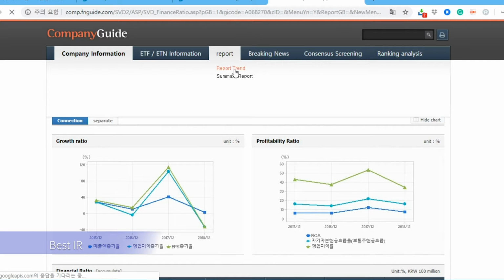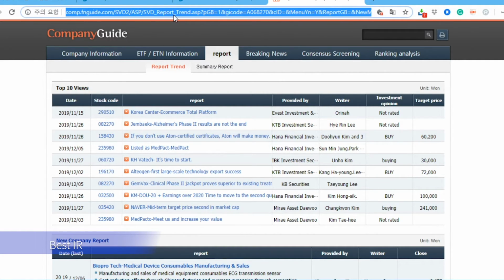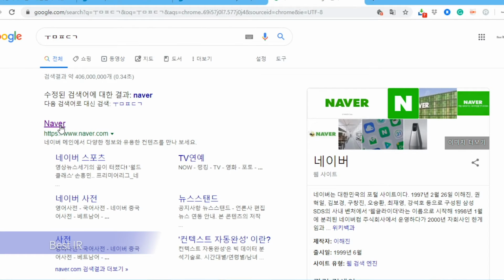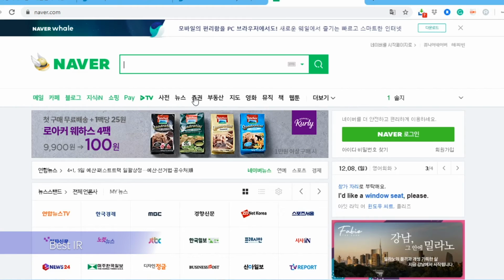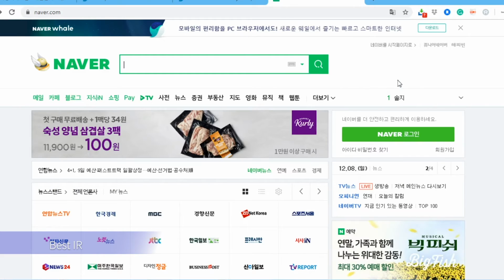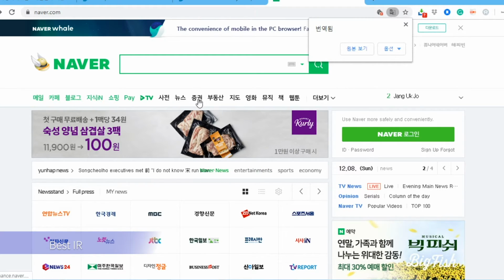You would definitely go to Naver, like I showed you before. Then you want to go to the securities section.